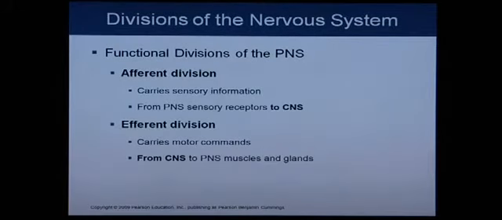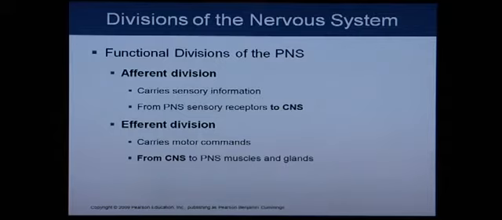So we can divide up the peripheral nervous system functions into two major areas. We have the afferent division and we have the efferent division. The afferent division is the division that carries sensory information to the central nervous system from the PNS or peripheral nervous system receptors or nerves.